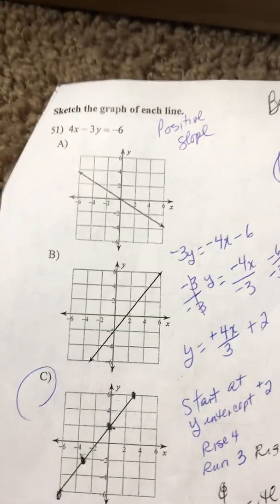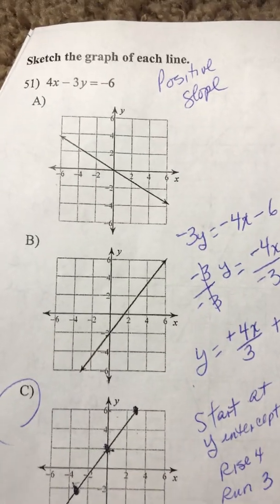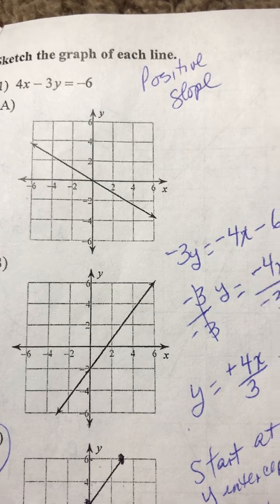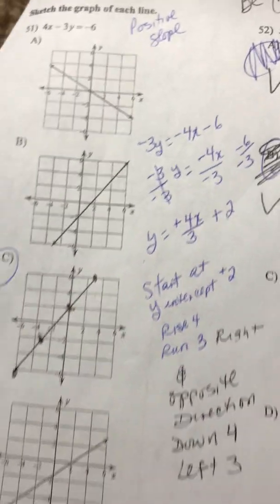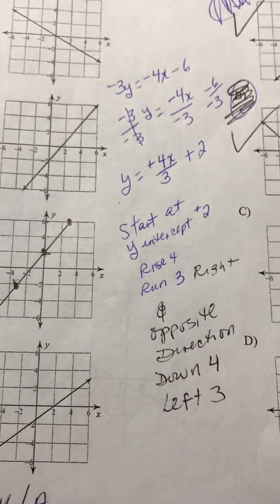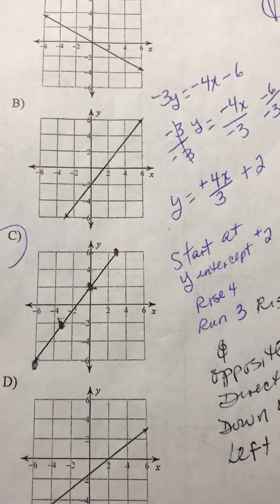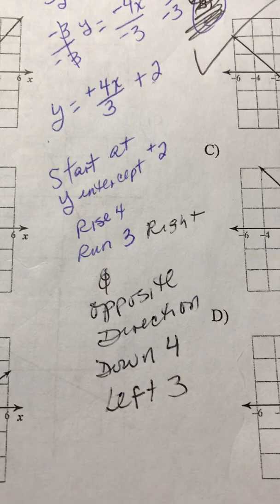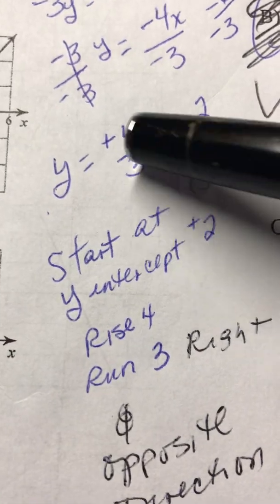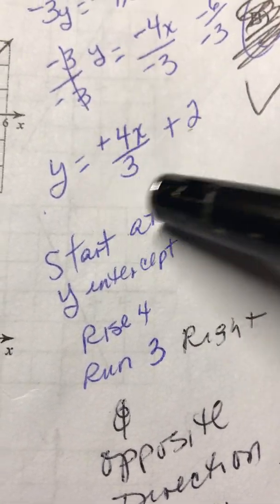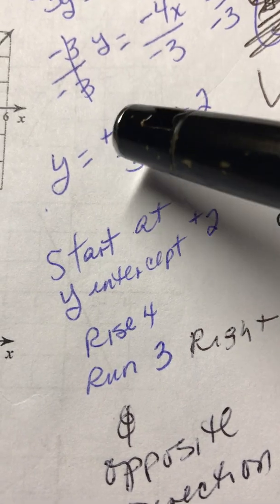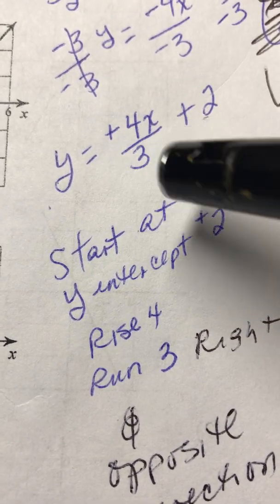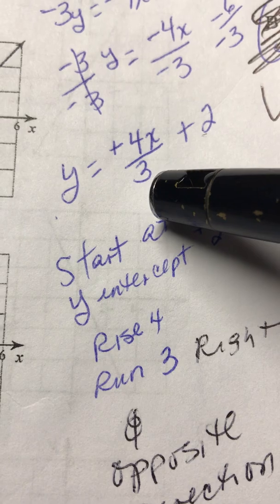For example, for your Math Essentials number 51, by the time I finish solving all my problems, doing my calculation, I end up with a positive slope, which is this positive slope, my slope. This is your slope. It's a positive 4 over positive 3.